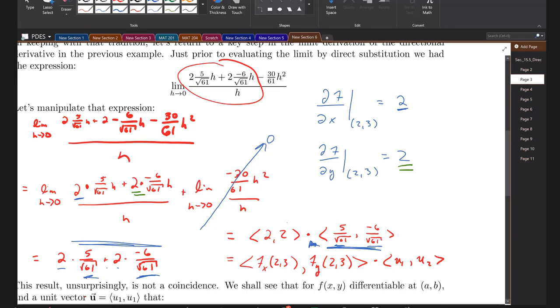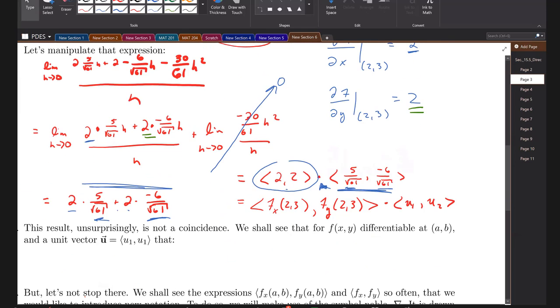The question here that I don't think I've answered is how come these happen to be the partial derivatives evaluated at the point where we're currently standing. And that's something that I probably won't get to today, and I probably won't prove just because I fear we're running out of time.